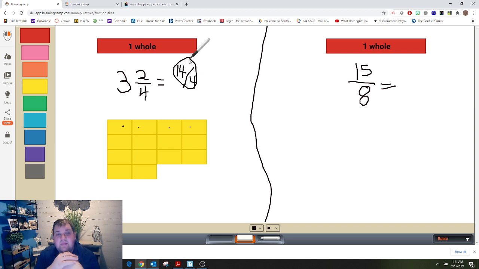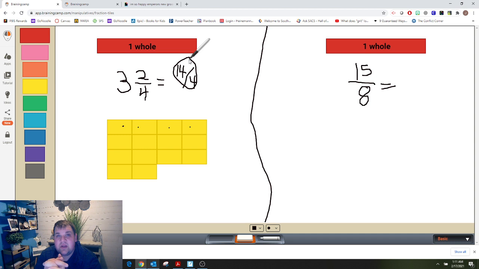So today you're going to practice with me with 3 more. Your job is going to be to first make a picture of the improper fraction or mixed number. Then you will need to determine what mixed number or which improper fraction is equivalent.